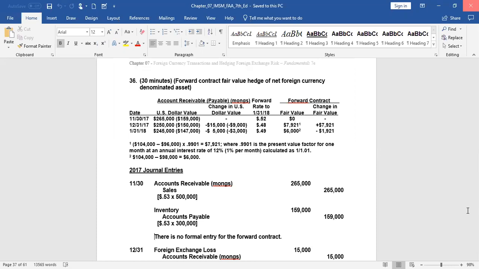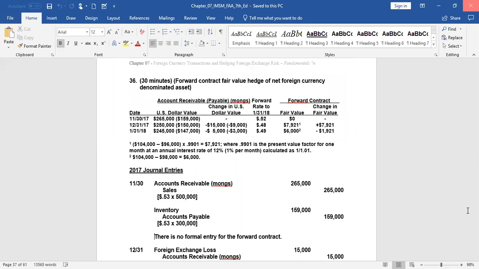So on the date of the sale and the purchase of Eximco made, the spot rate, so the rate of conversion, was at 53 cents. And if you signed a forward contract, it was at 52 cents for January 31st.